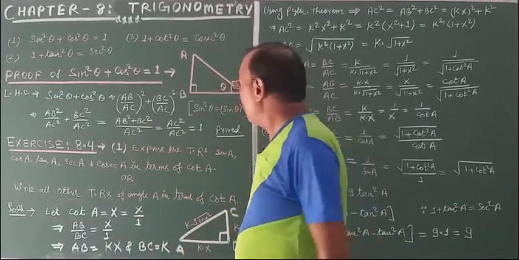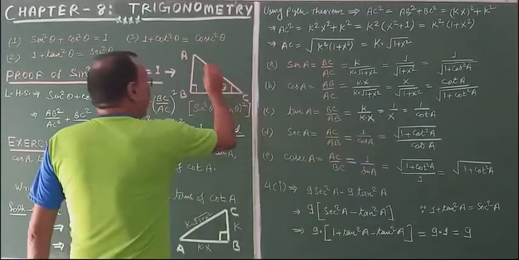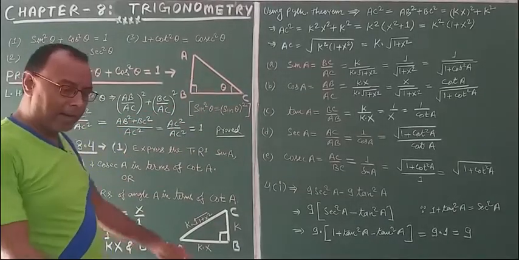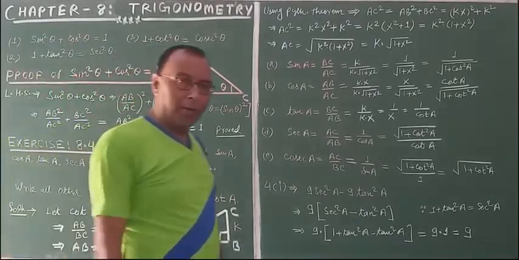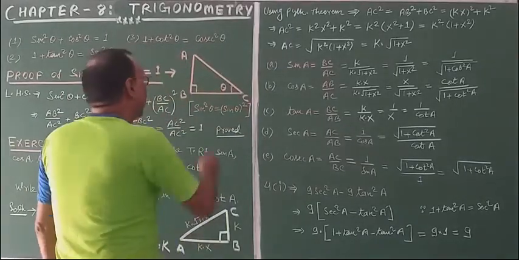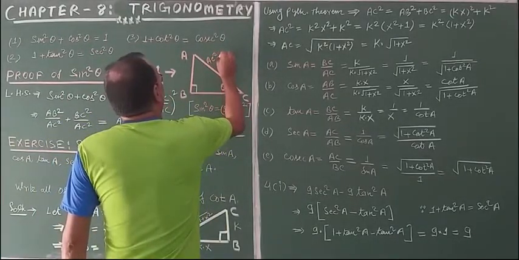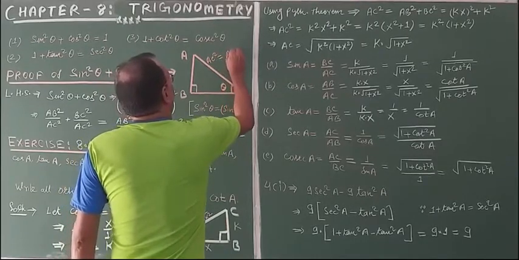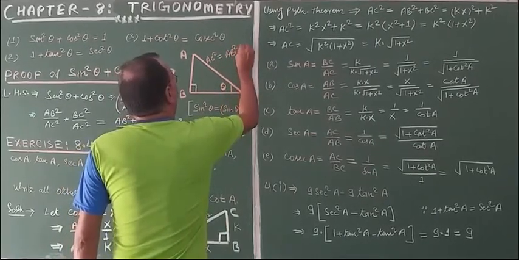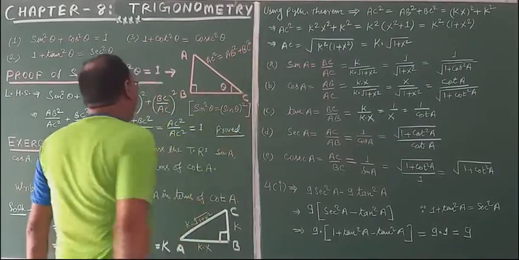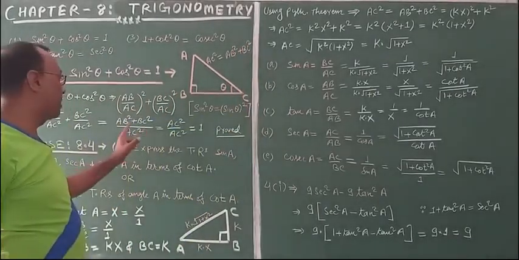Now just look here. This AC is the hypotenuse of right angle triangle, and with the help of Pythagoras theorem we can write the hypotenuse square is equal to perpendicular square plus base square. So what we can write in place of AB square plus BC square?